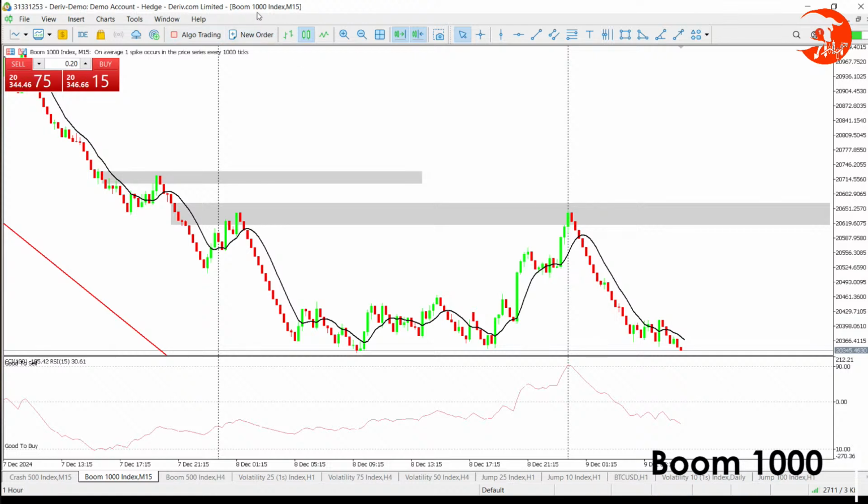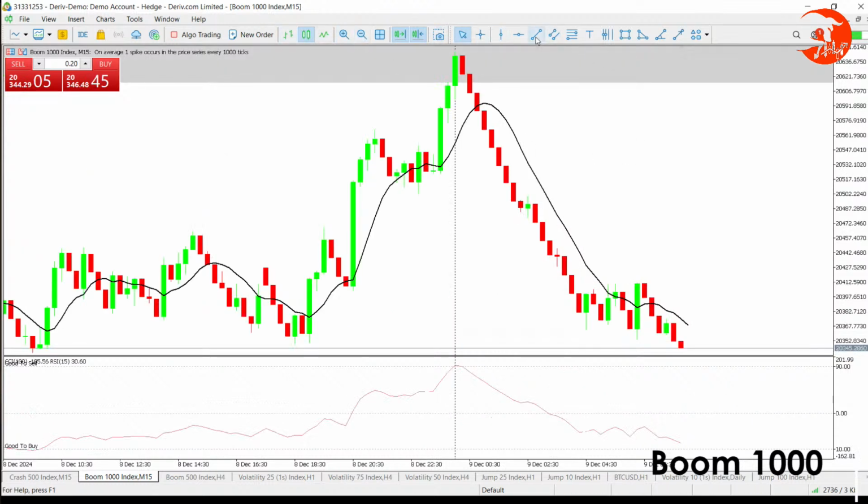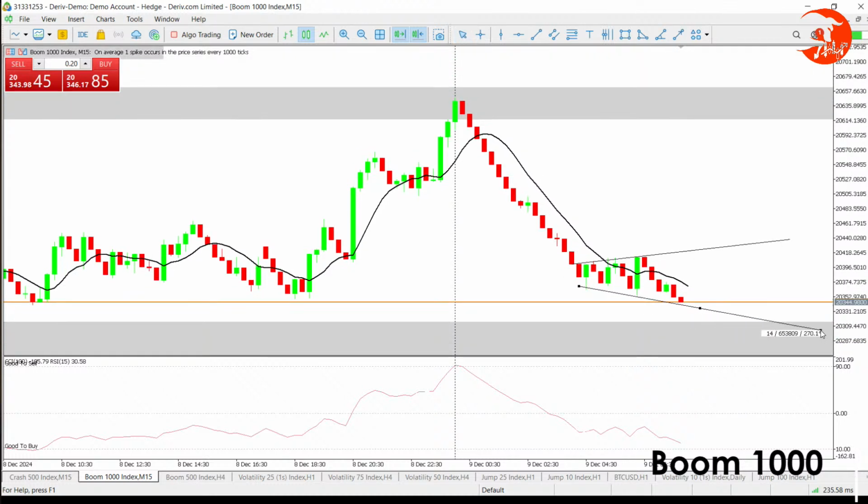Whether on M15, just wait, on M15 you may have a bit of a weird structure, which will be a symmetrical triangle. It will be an expanding symmetrical triangle right here.